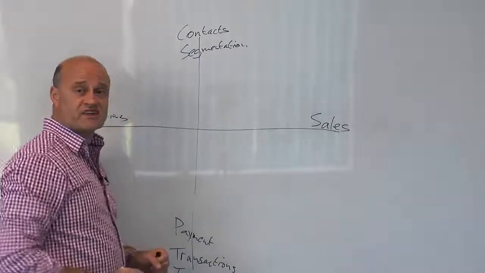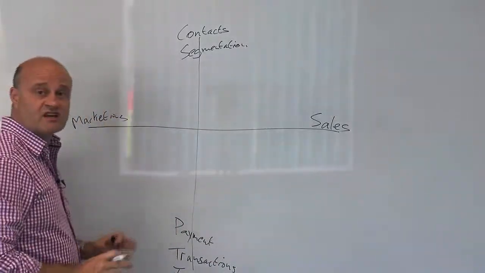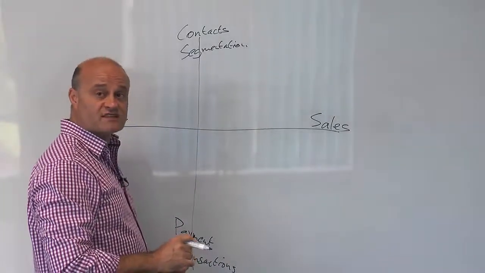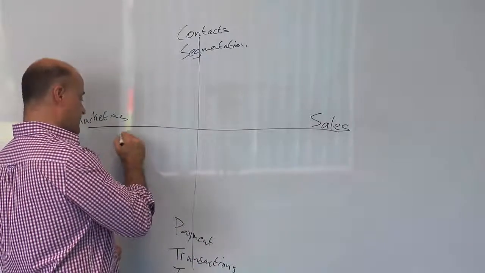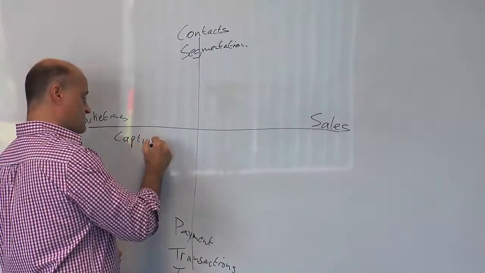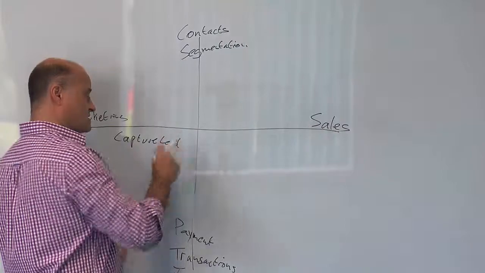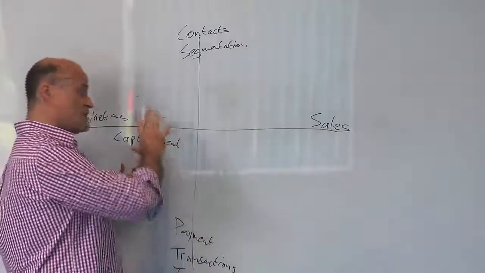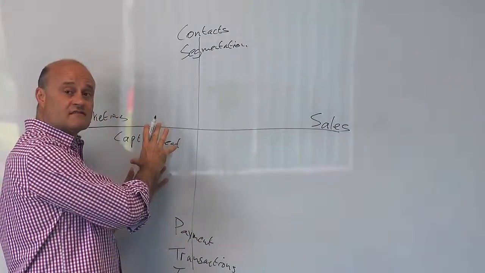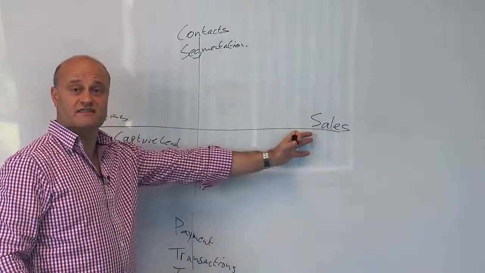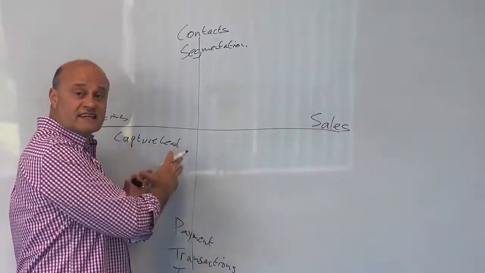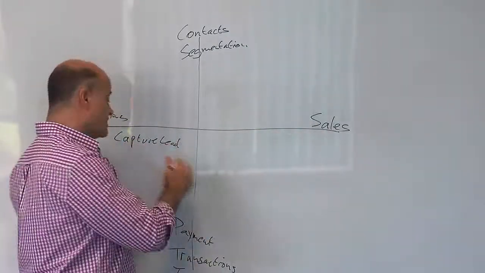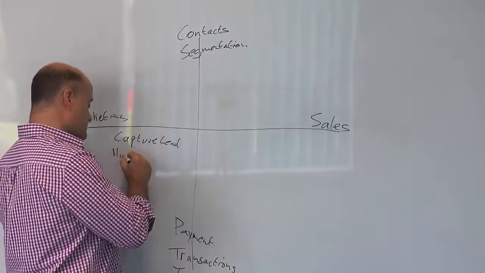On the automation axis, we've got marketing automation. The first thing I want to do with marketing automation is capture leads. In my world, we have marketing leads and sales opportunities. Once we've captured these leads over on this side, we want to nurture them.